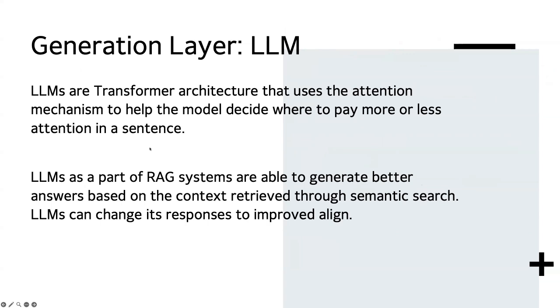As for here, LLMs use the transformer architecture, as I explained before, which uses the attention mechanism to help the model decide where to pay more or less attention in a sentence. LLMs as a part of a RAG system are enabled to generate better answers based on the context retrieved through semantic search.